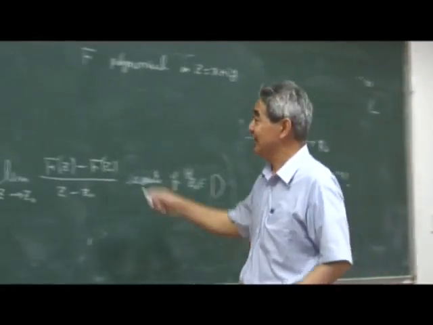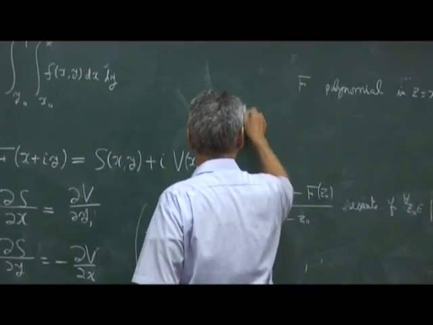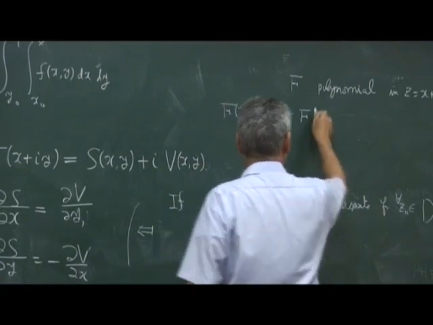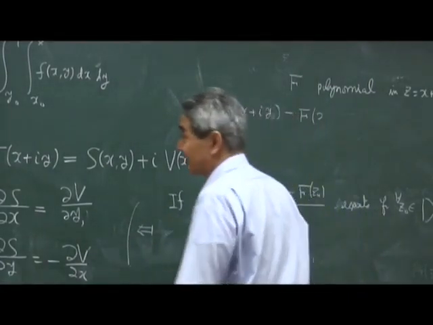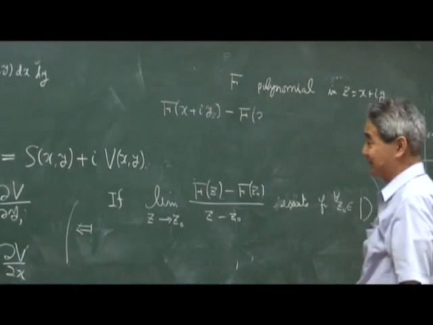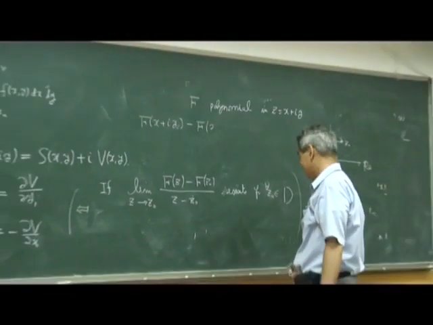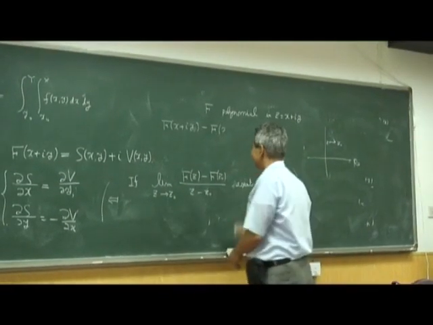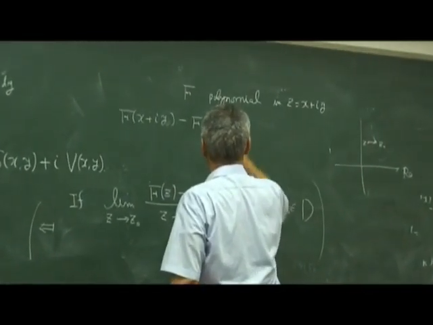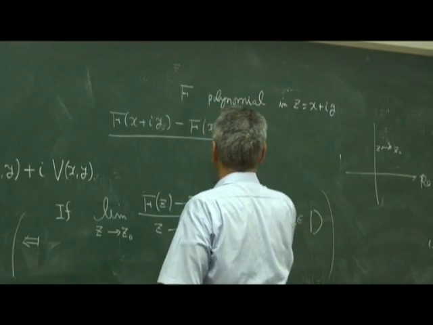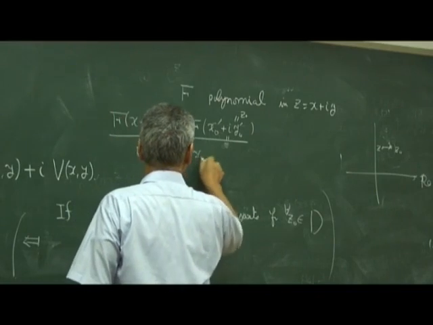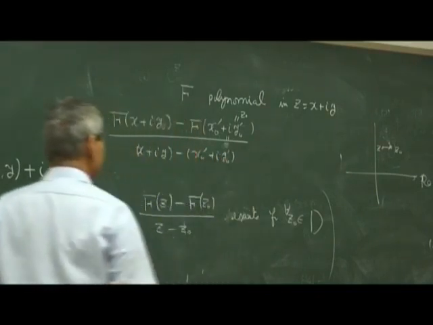In this very special case, I write z0 as x0 prime plus i y0 prime, and z as x plus i y. This is a general case.